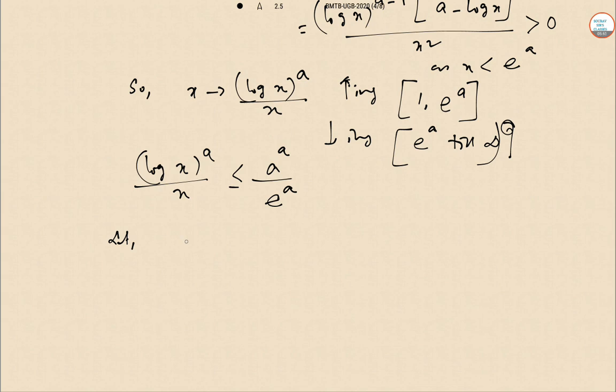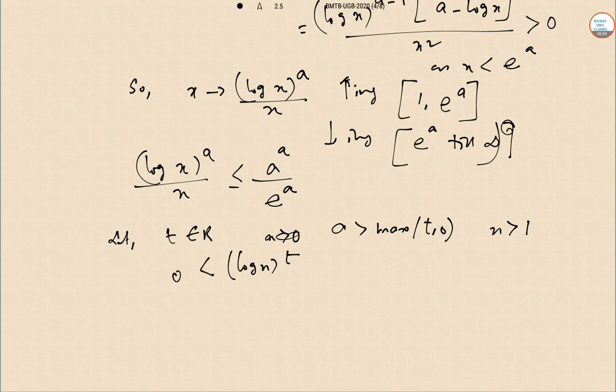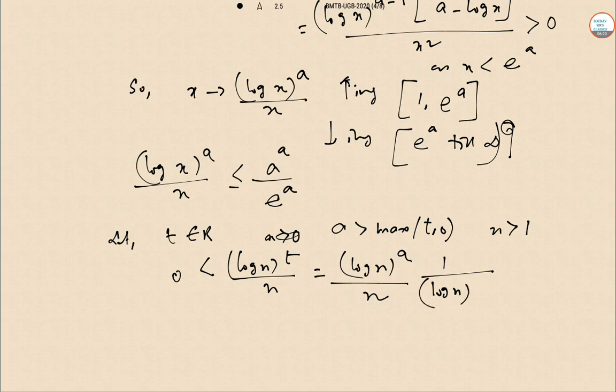getting back to the question, t is given. Now t belongs to R, so we choose a in a way that a is greater than max of t comma 0. So for all n greater than 1, obviously this will happen like this: log n base a by n into 1 by (log n) to the power a minus t.